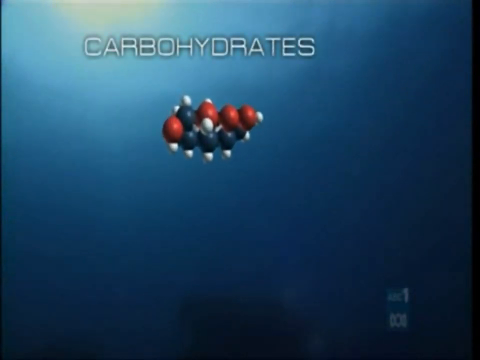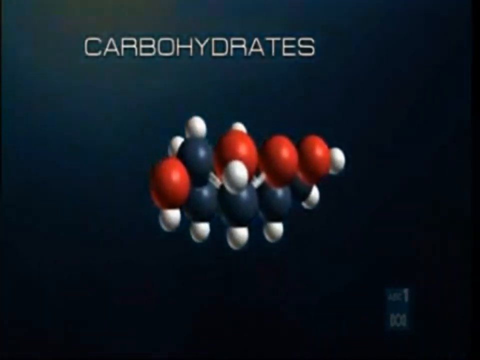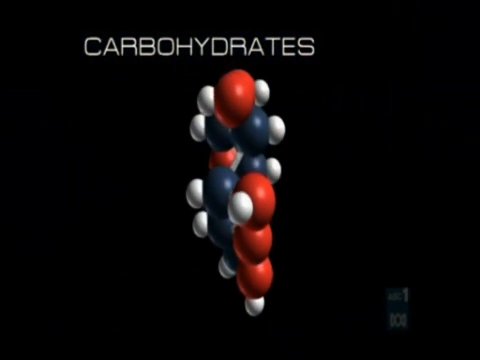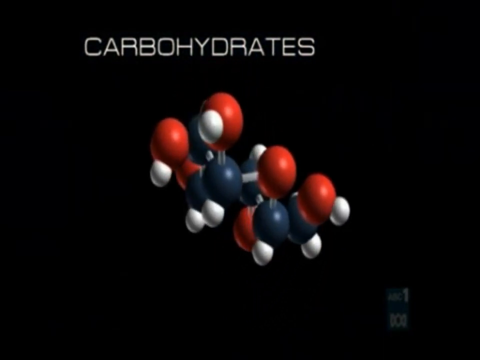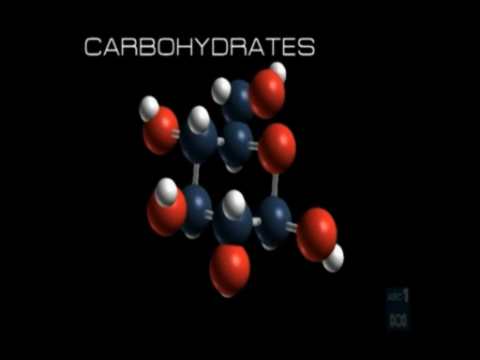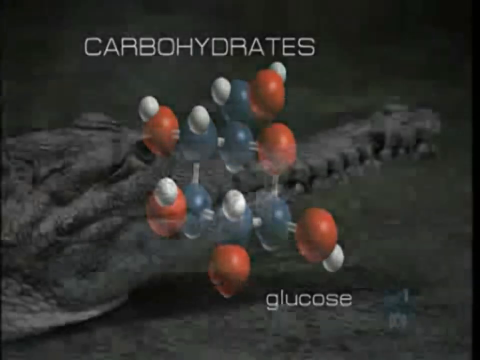The fourth family of biomolecules in the ancient oceans was carbohydrates. The building blocks of carbohydrates are mostly ring-shaped molecules, commonly called sugars, of which the most important is glucose. Glucose is the molecule of choice for cellular fuel.